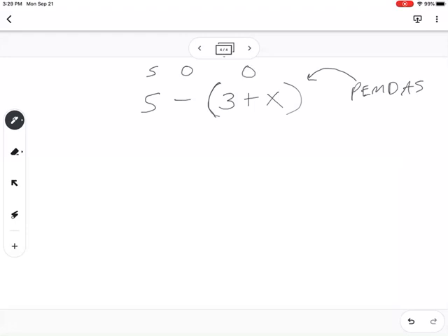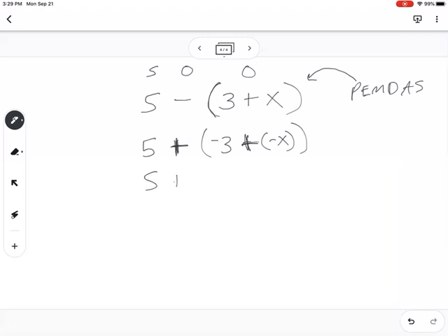But in this case, the 5 stays the same, then minus becomes a plus, and now everything inside the parentheses is going to become the opposite. So negative 3 plus negative x. And now since we have all plus here, the parentheses actually don't matter because of the commutative property.